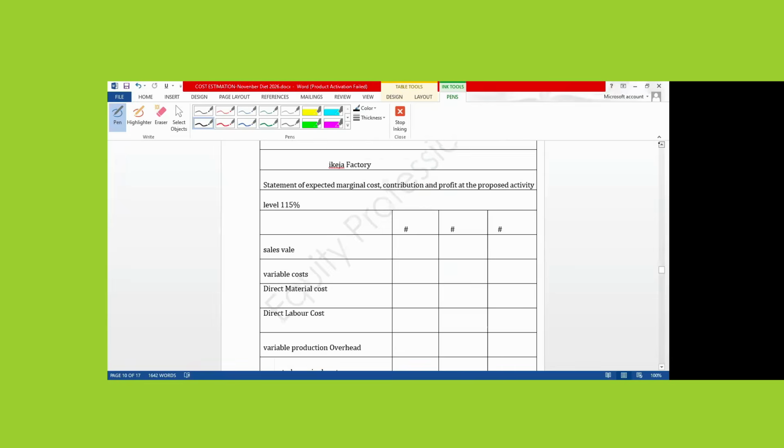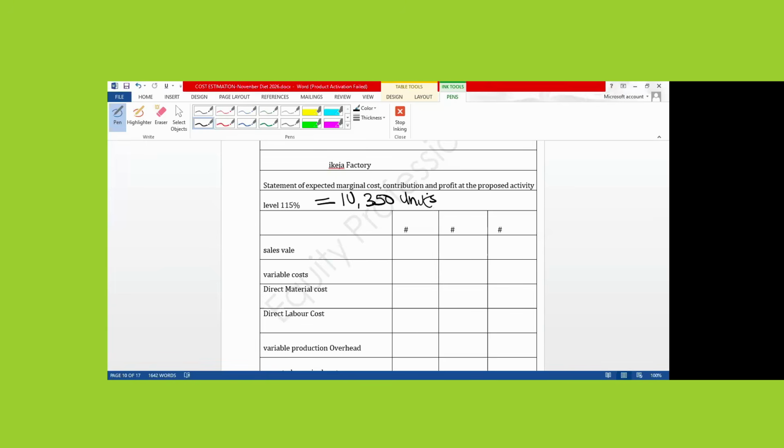Now go back to your statements. Look at the statements of expected marginal cost, contribution, and profits at the proposed activity level, 150. At this level, our output is 10,350.